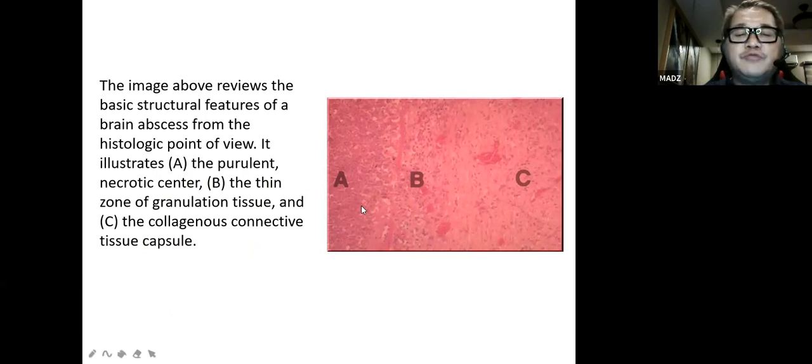It has three areas: A, B, and C. A is what we call the purulent or necrotic center, the center of the abscess. Then we have a thin zone of granulation tissue. And then the most outer part is the collagenous connective tissue capsule of the abscess.